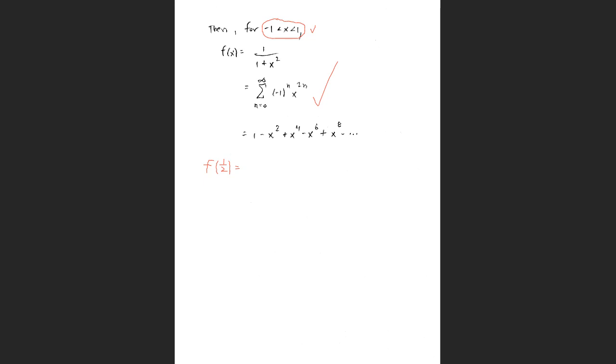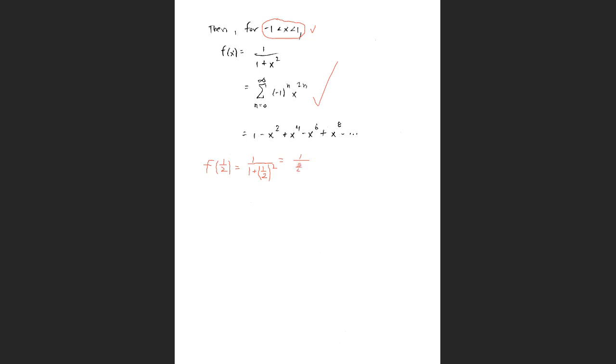And we know that if we were to just evaluate the function at x equals a half, it would equal 1 over 1 plus a half squared, which incidentally is 1 over 5/4.